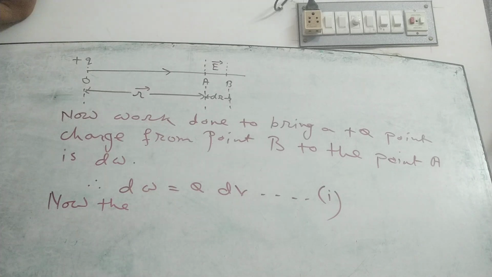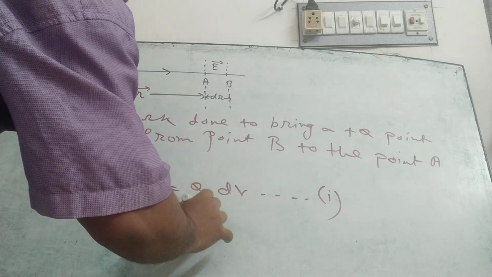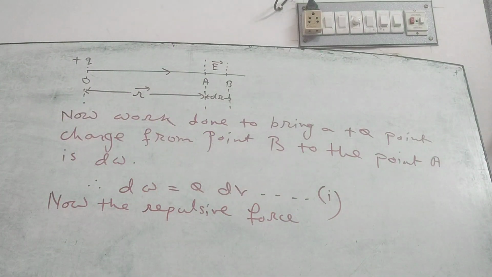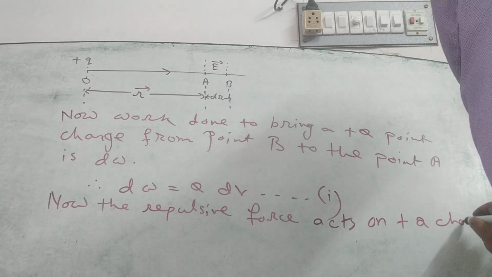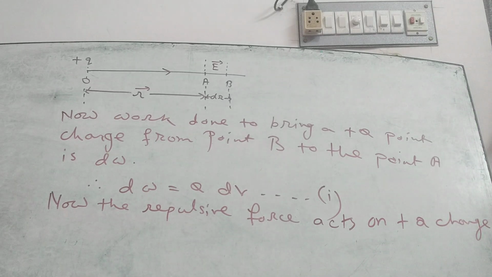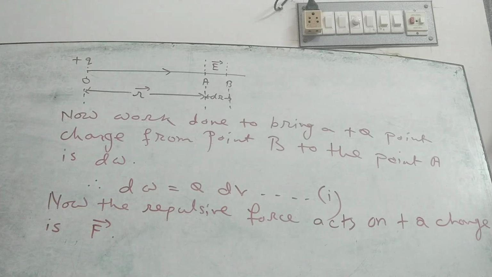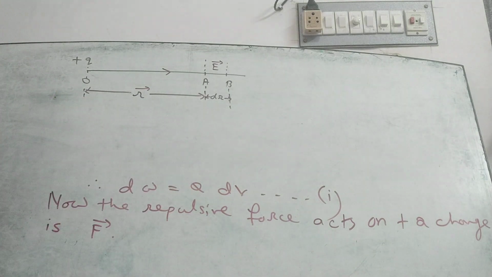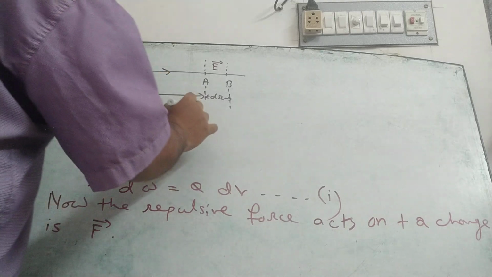Now the repulsive force acting on the plus Q charge is F. Therefore, the F vector is equal to the electric field E vector times Q.